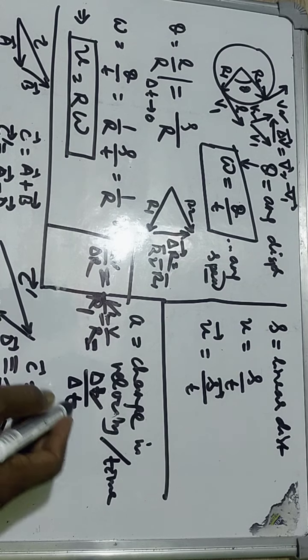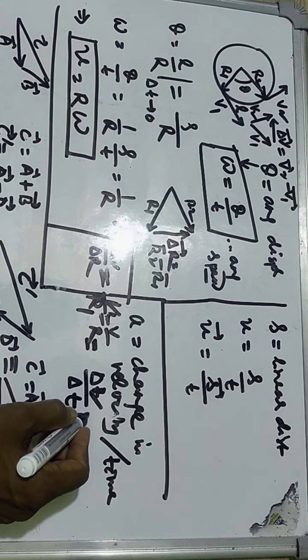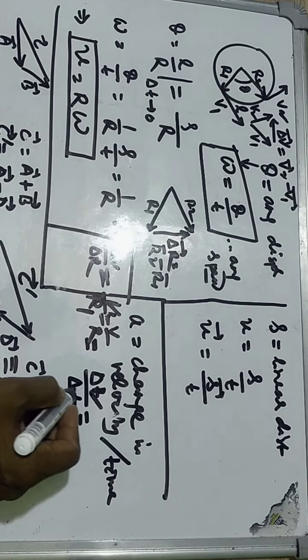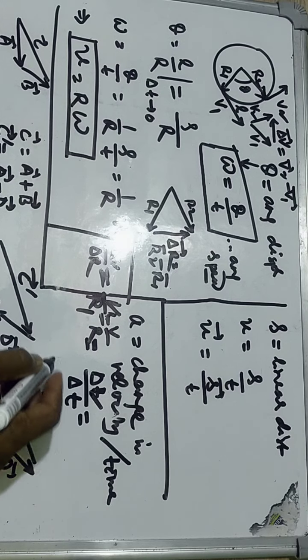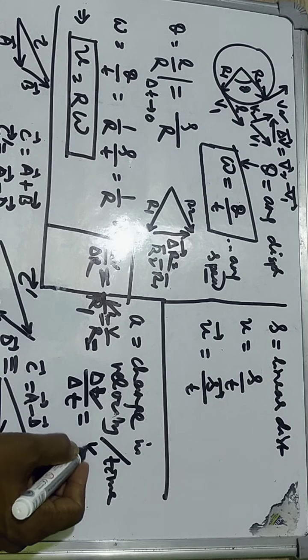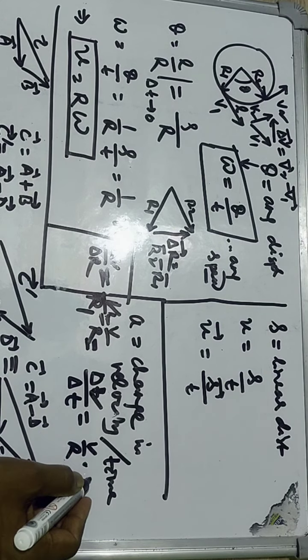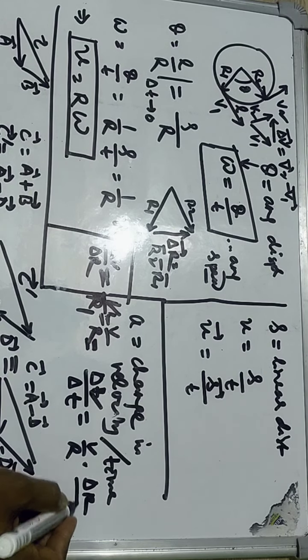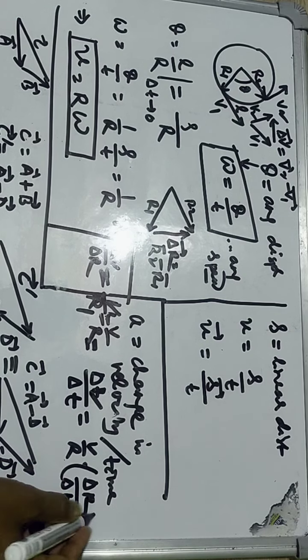Now we find that acceleration, which is delta v by delta t, is v by r into delta r by delta t.